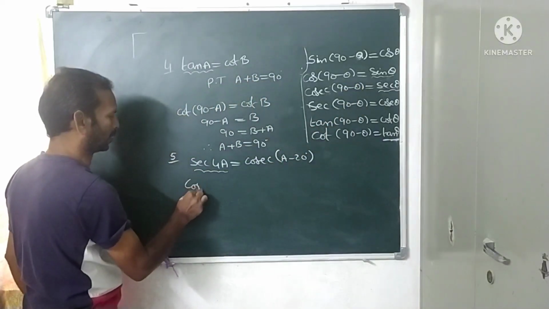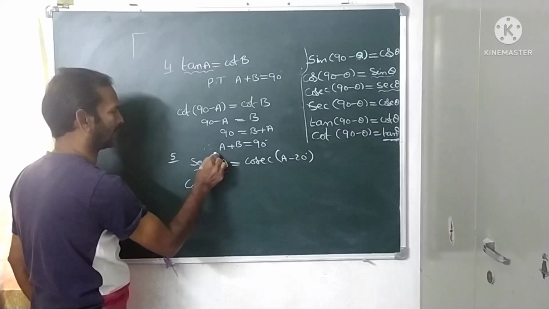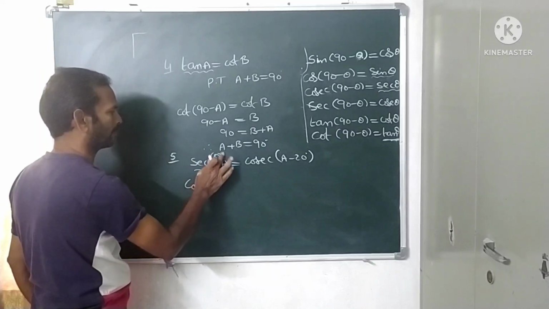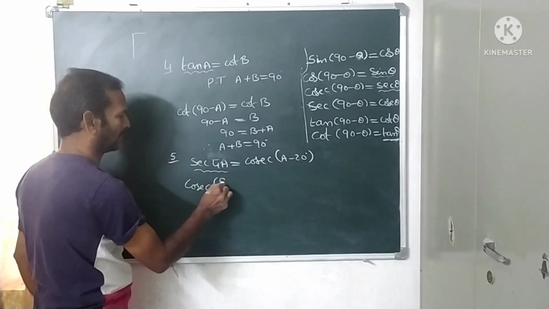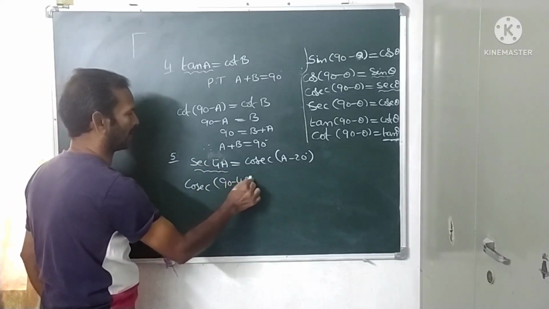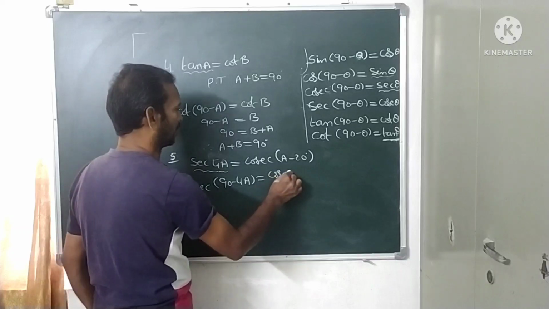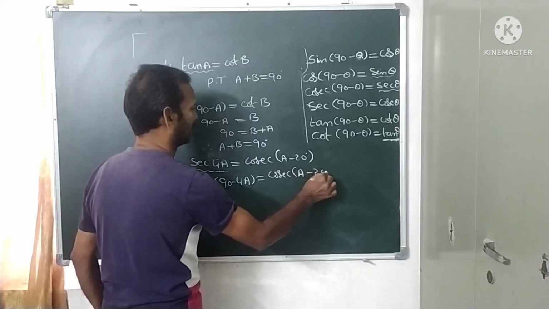Here, cosecant, this is theta. Cosecant 90 minus 4a is equal to cosecant a minus 20.